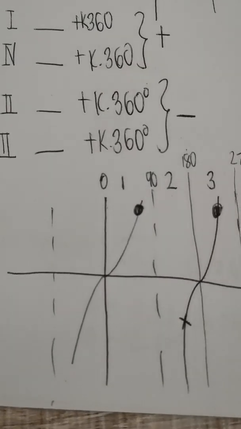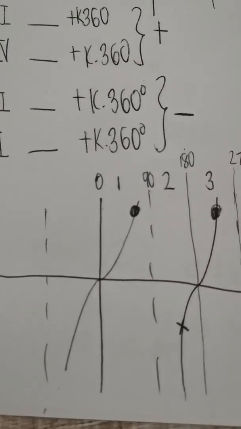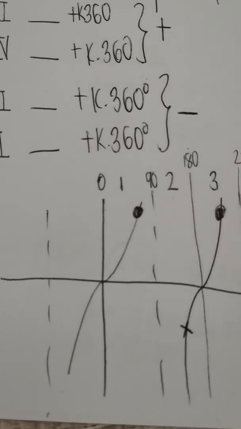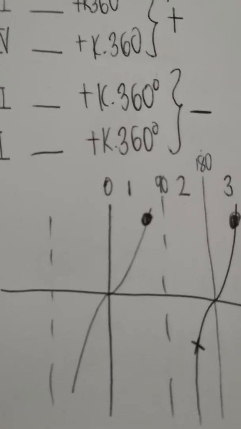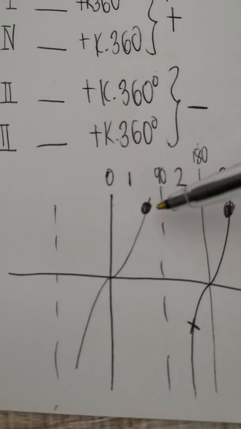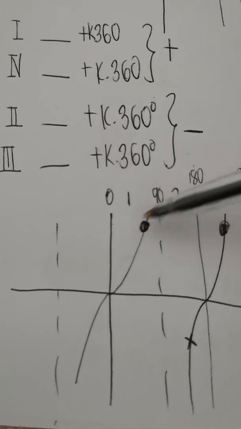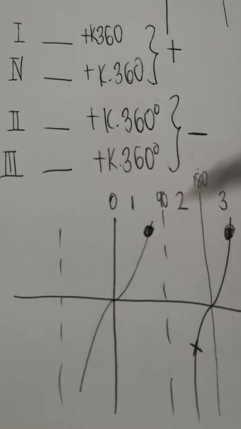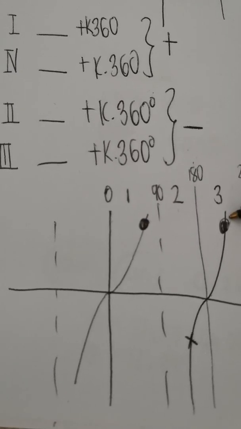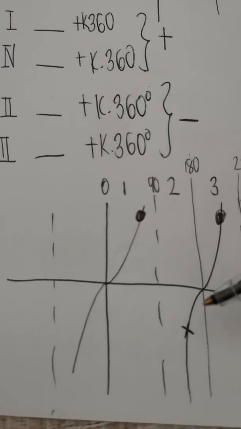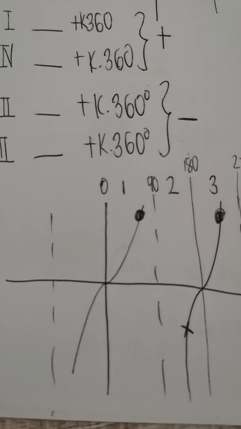Remember, our class diagram that we work with is the full 360 degrees. And in that 360 degrees, if you're using a tan ratio, you're going to have the exact same solution repeated twice, quadrant 1, quadrant 3. Okay, and the exact same solution if it was negative repeated in second quadrant and fourth quadrant.